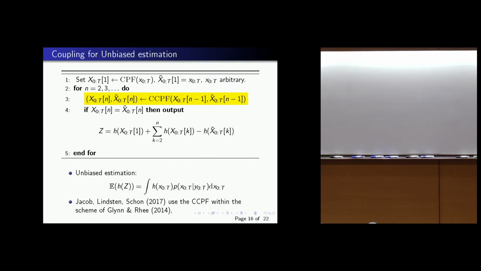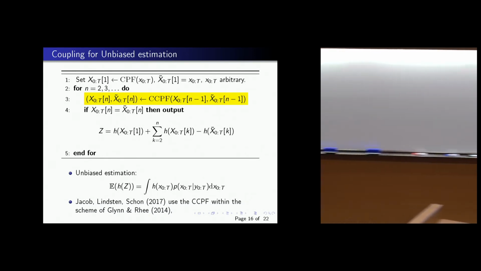The expected value of the test function of interest is unbiasedly estimated by, without being perfectly accurate, just evaluating the difference in the outputs of the test functions along the two trajectories you're trying to couple. Okay, that's all you do.